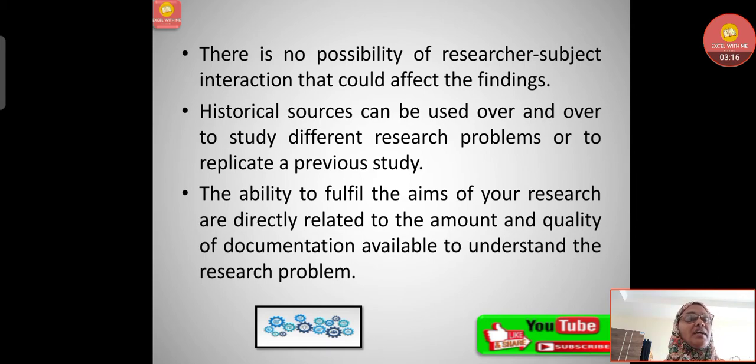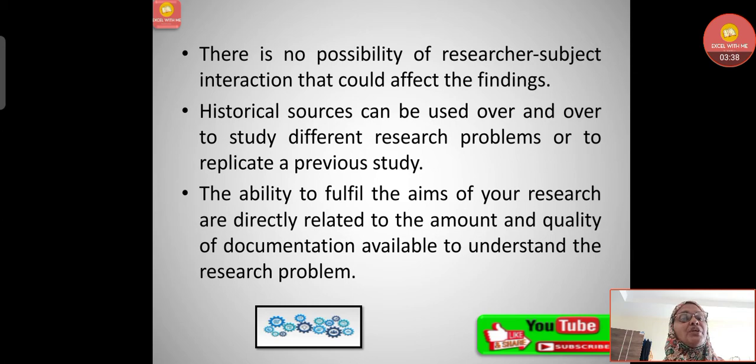Obviously, if you are doing any research related to past events, you will not find any subject in front of you to ask or to affect your findings. So the researcher will take only the past evidence, already recorded things.